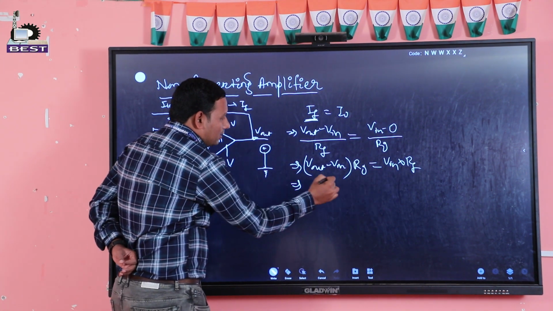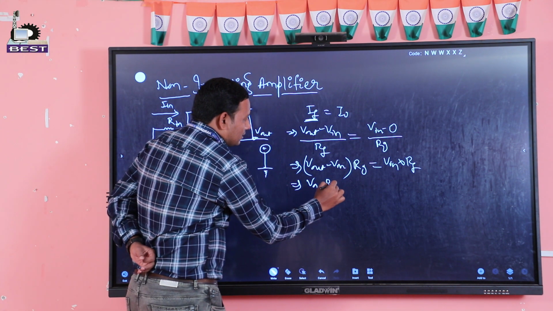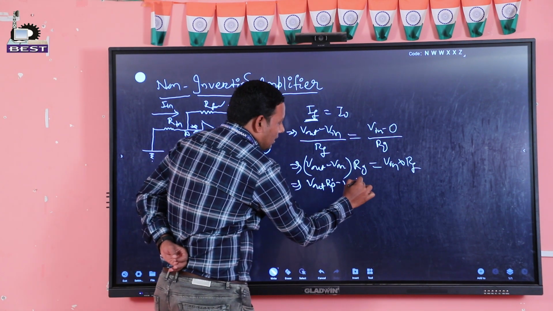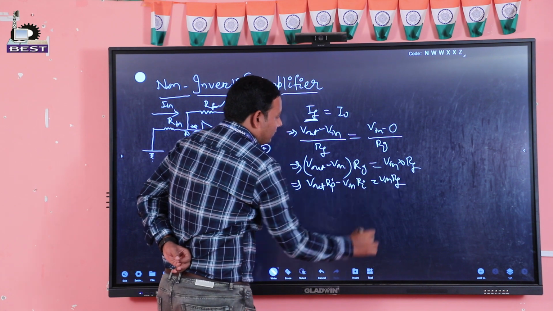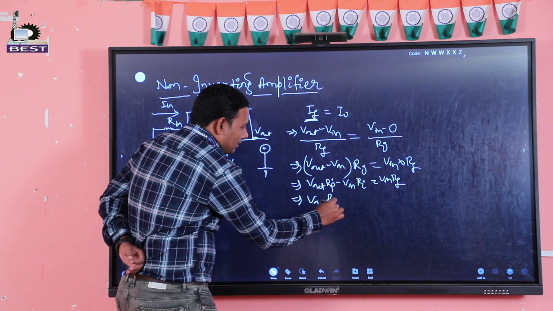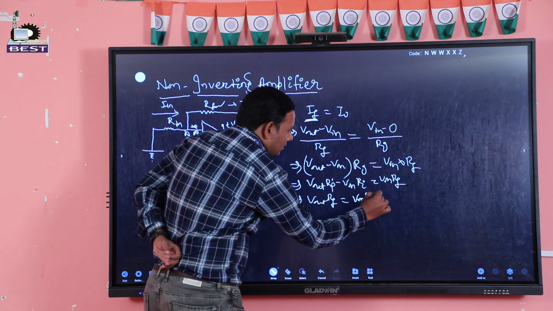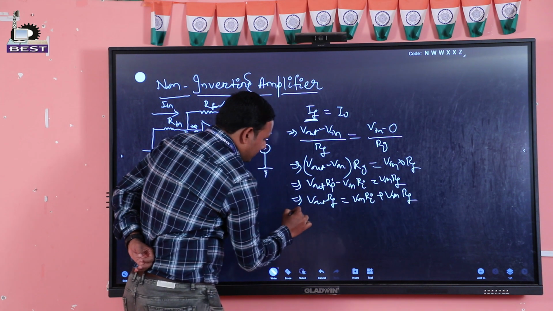Here we simplify: V out Ri minus V in Ri is equal to V in RF. Then V out Ri is equal to V in Ri plus V in RF.